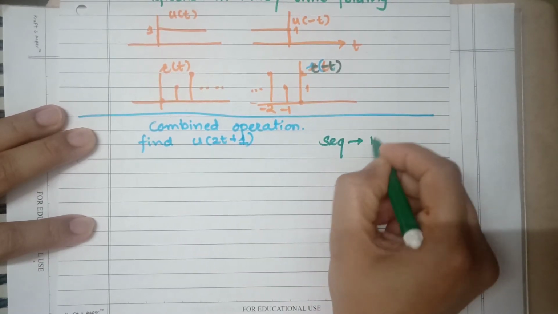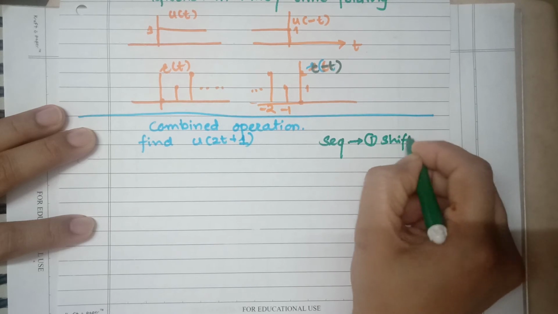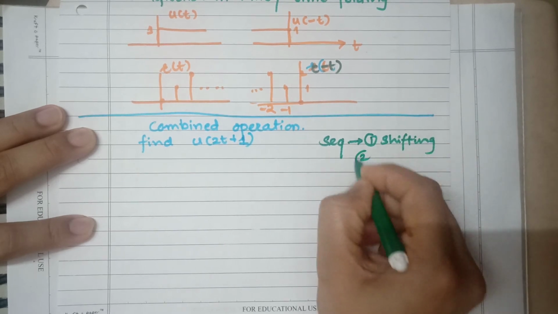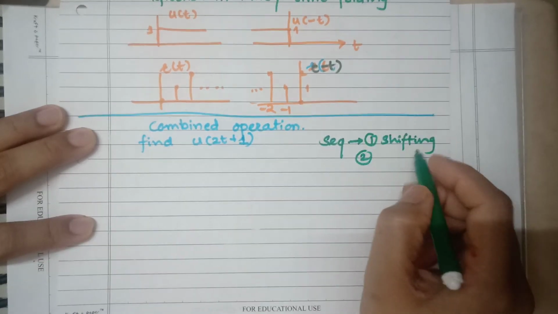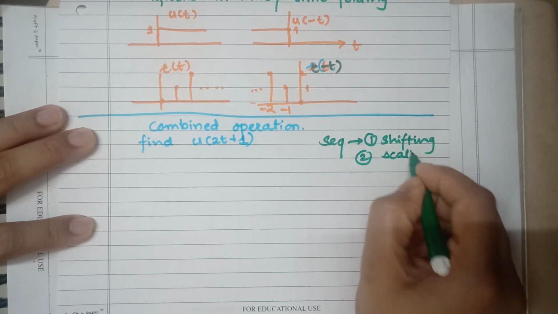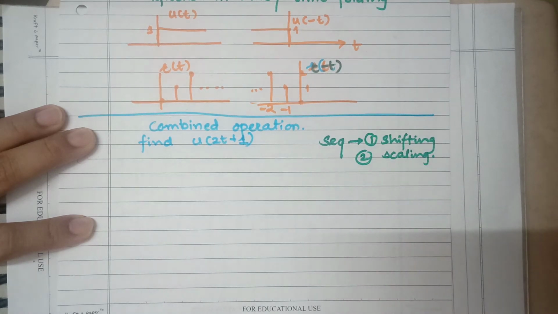The sequence will be first shifting and second is the scaling operation here. So these two actions are not commutative, so you can't exchange the order here.